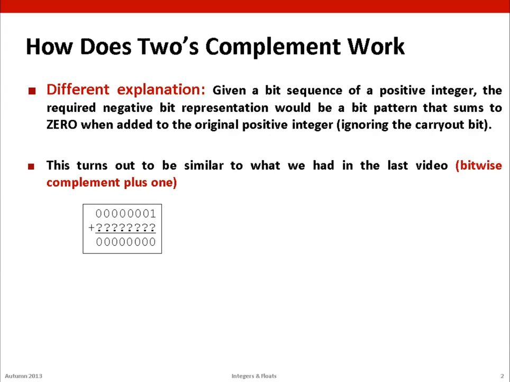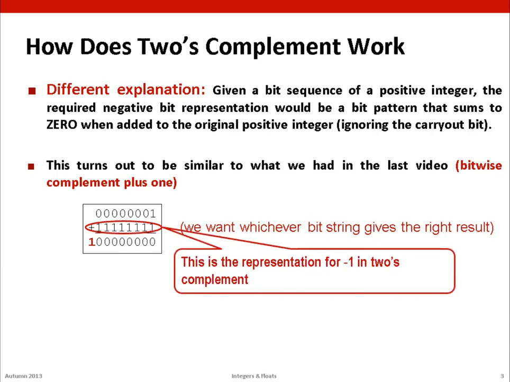Let us say we have this 8-bit integer value, which is the original value that represents 1, and we need to figure out what should be added to this pattern that would give us the result 0, and of course that would be its negative. So we want whichever bit pattern that gives us the right result, that is 0, okay? And that turns out to be this bit pattern. So this is how we represent a -1 in two's complement.